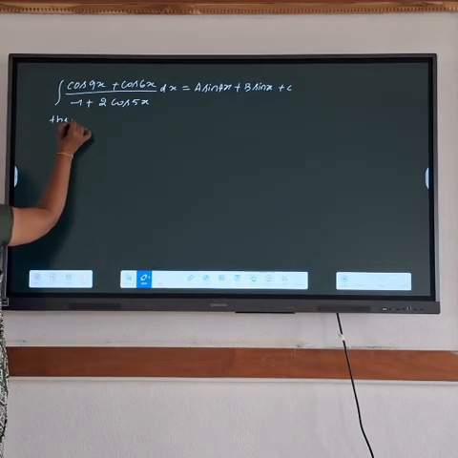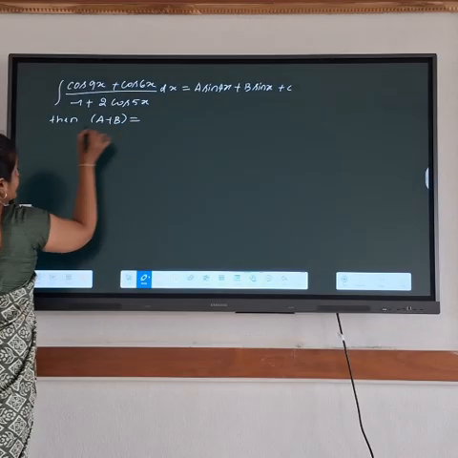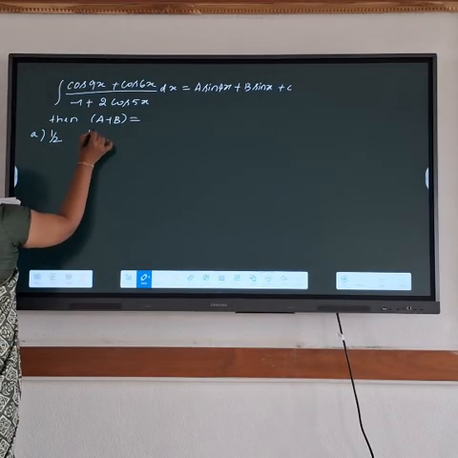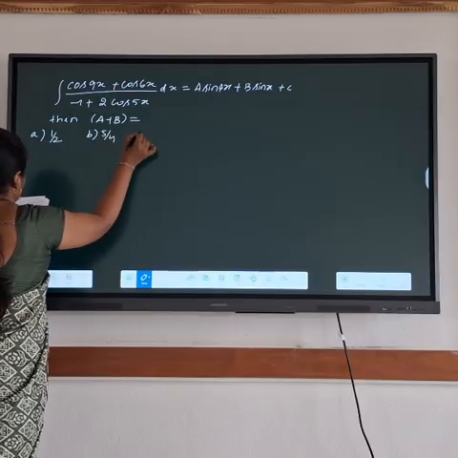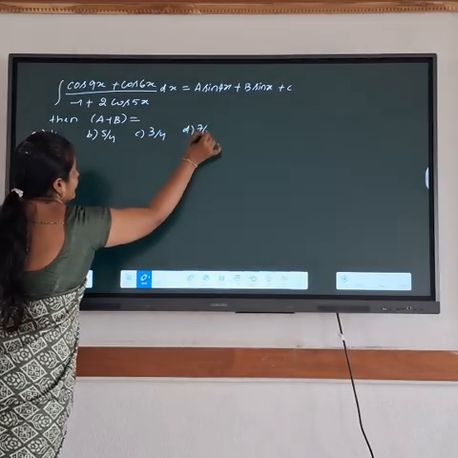We have to find the value of a plus b. The options are 1 by 2, 5 by 4, 3 by 4, and 7 by 4.